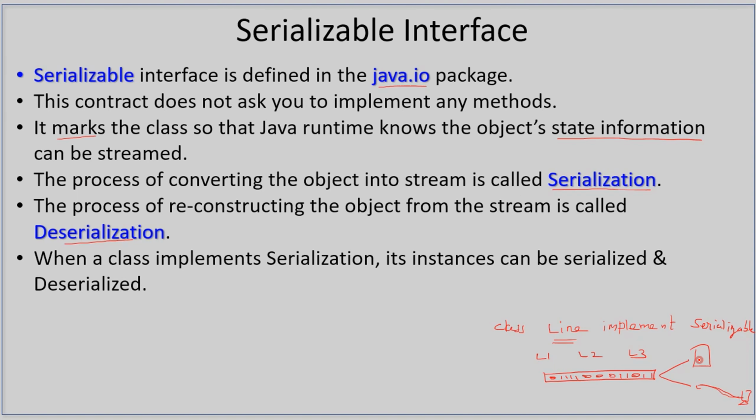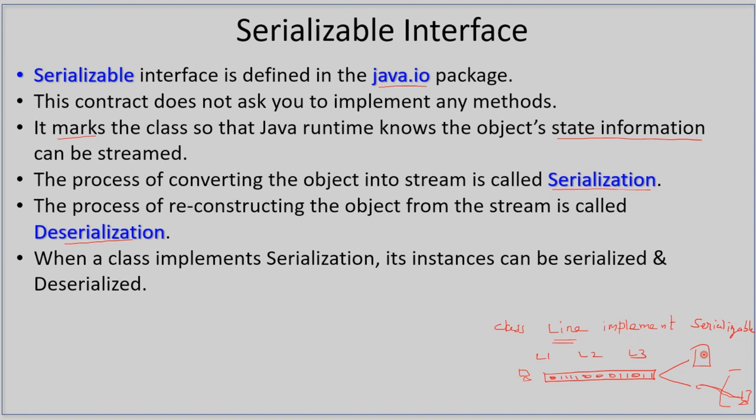In terms of a network application, let's say the data is sent between two systems. Here the sending application will serialize the line objects L1, L2, L3 and send them through the wire. On the receiving end, deserialization will be performed by the receiving party.